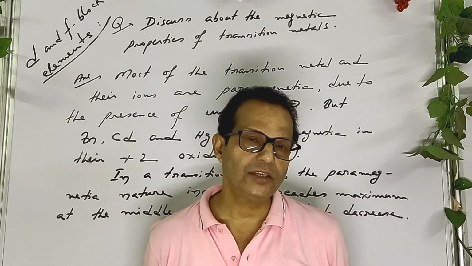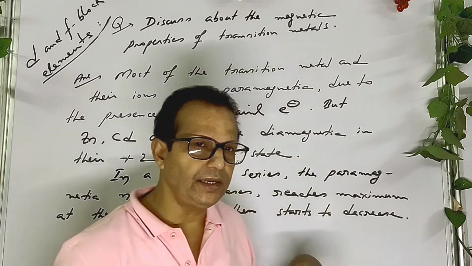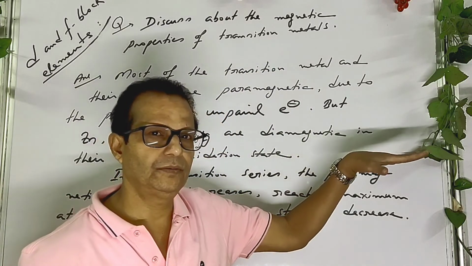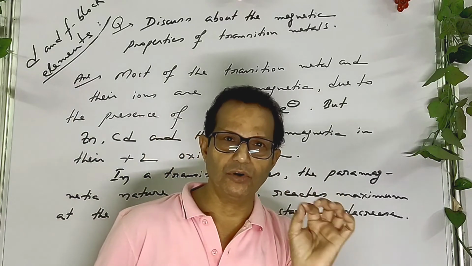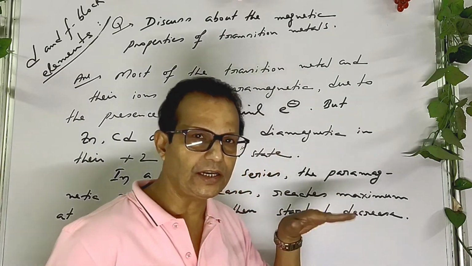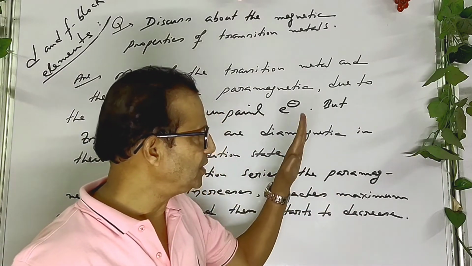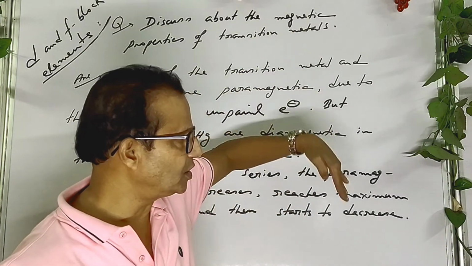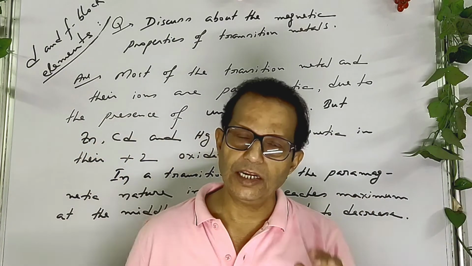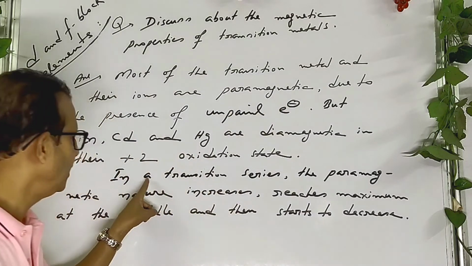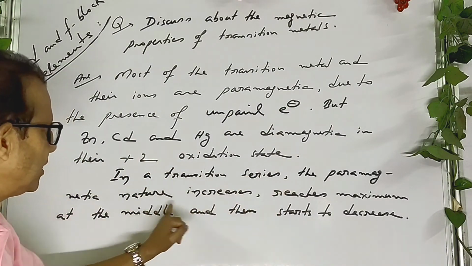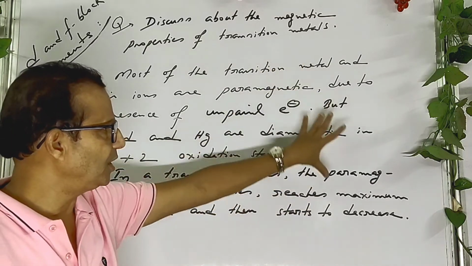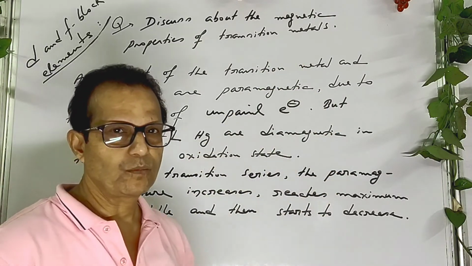And as we proceed from left to right in any transition series, the number of unpaired electrons in +2, if you consider +2 oxidation state, increases, reaches the highest and then starts to decrease. That's why it is said that in a transition series the paramagnetic nature increases, reaches maximum at the middle and then starts to decrease. Okay.